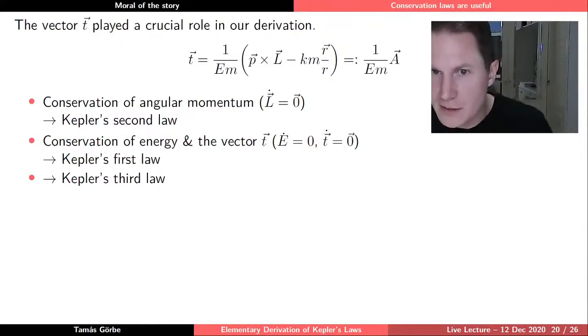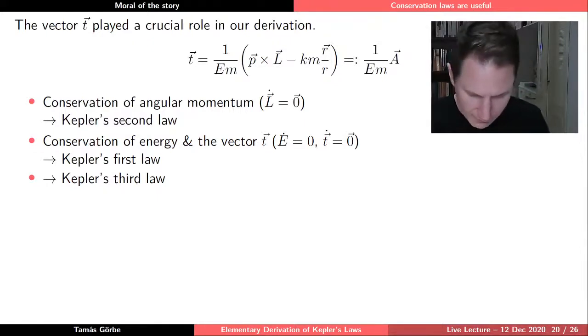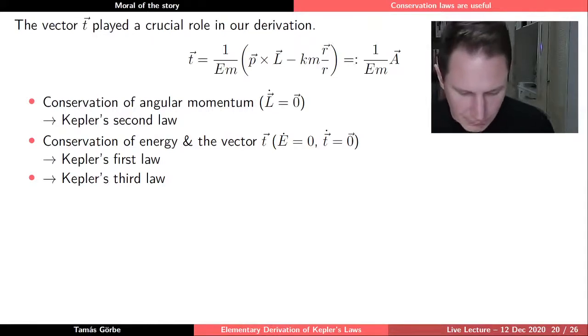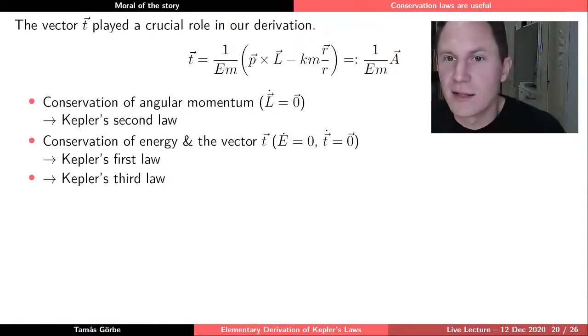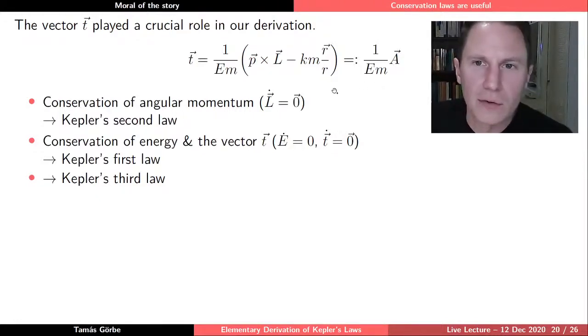It is the worst name for such an important quantity ever, because Laplace-Runge-Lenz doesn't tell you anything about what this vector is, but it is basically an axis vector. That is why it has this letter capital A to denote it.